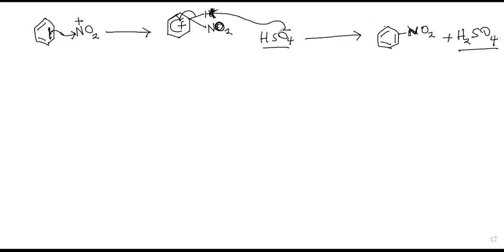Now, though we didn't intend to go there, after forming nitrobenzene, this nitrobenzene can be used to do other things. For example, nitrobenzene can be used in the preparation of phenylamine, or what we call aminobenzene.